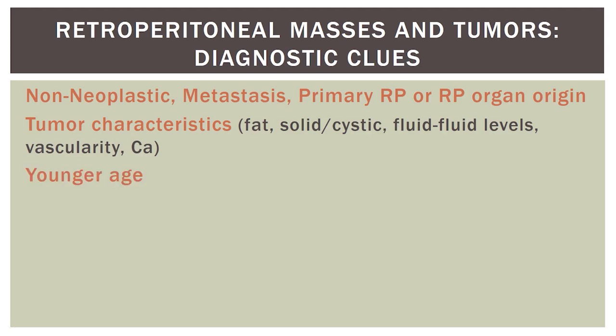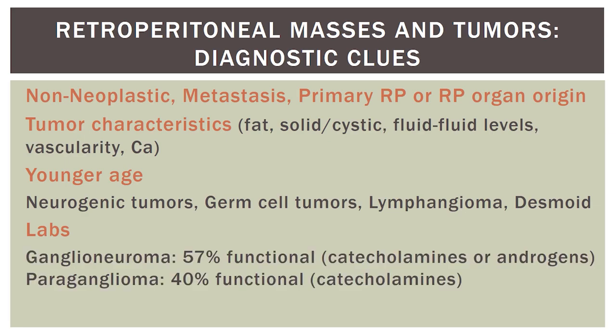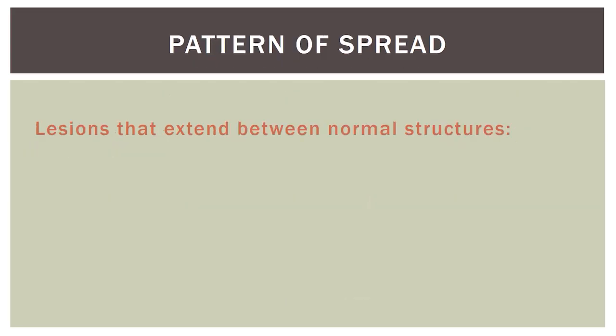If the patient is younger, think neurogenic tumors, germ cell tumors, lymphangiomas and desmoid. Check the labs, since ganglioneuromas, paragangliomas, and germ cell tumors can be functional. And think about the pattern of spread.